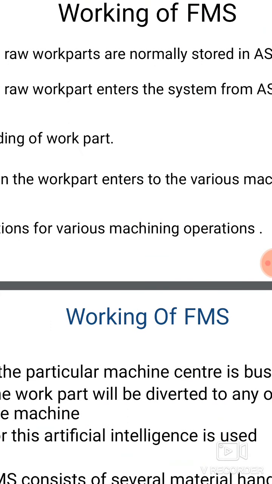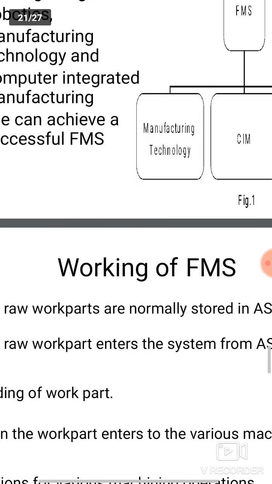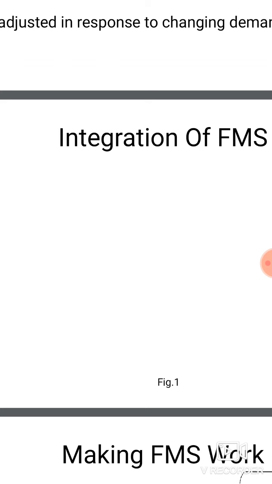So what all did we study? The first one is the components of FMS: process stations, material handling, computer control, human labor, inspection station, chip removal. All these are components of FMS.